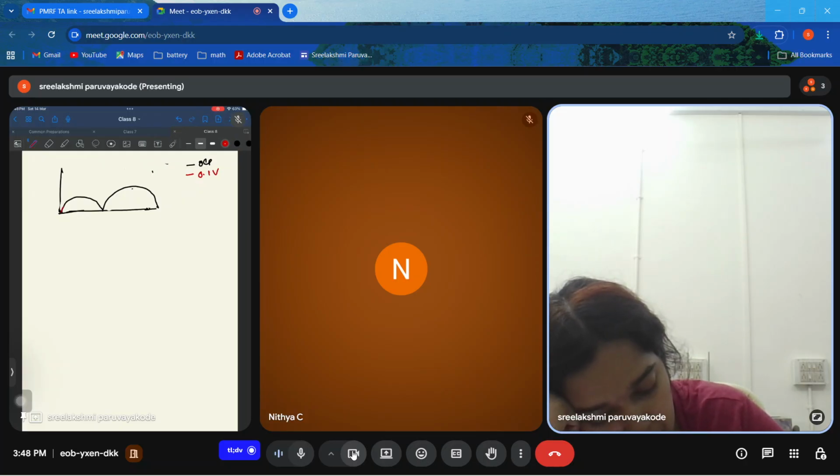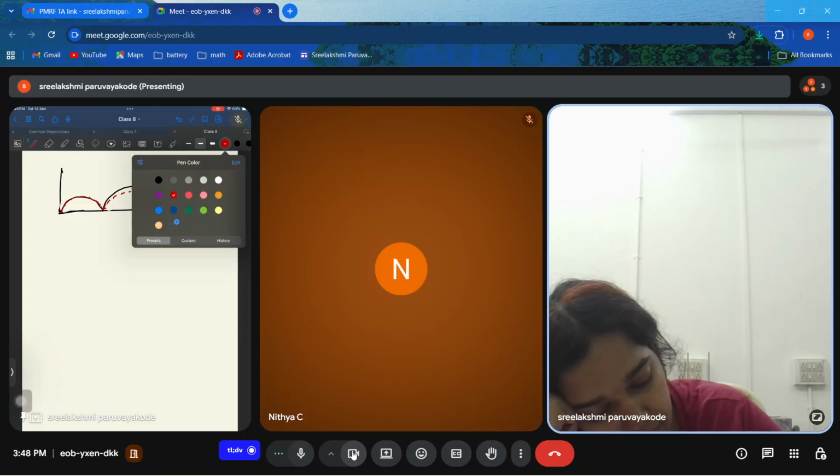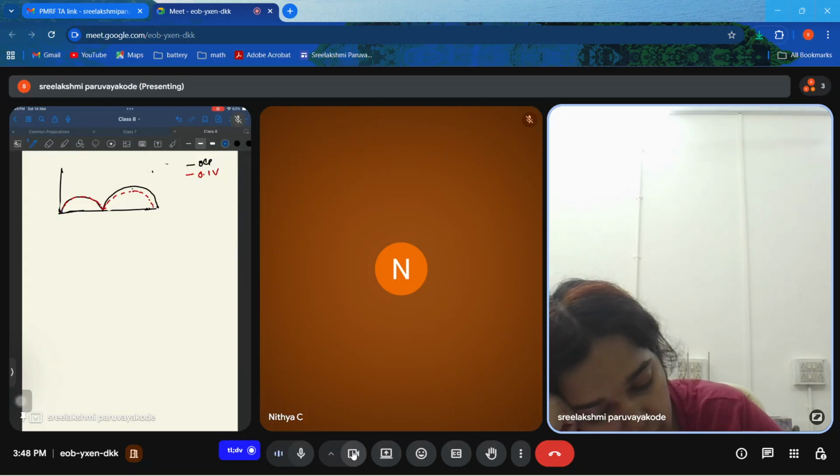You can expect something like this. Now for the next one, where I'm going for 0.2 volt, the double layer behavior wouldn't change, but this one keeps on changing.